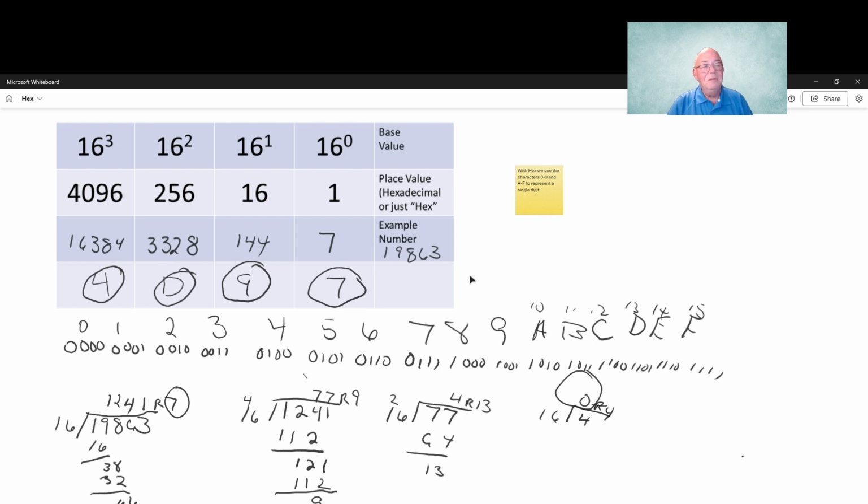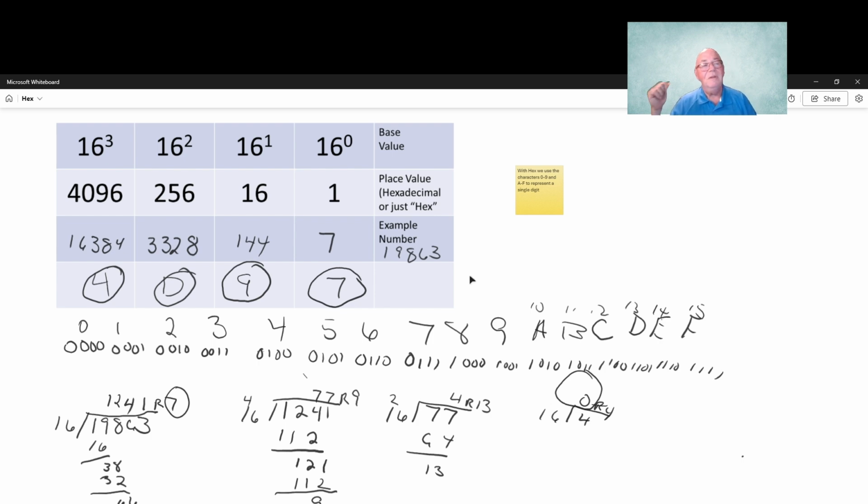And you're done when the whole part of your result gets to 0. So that's this process.